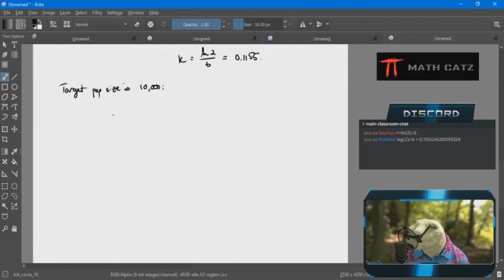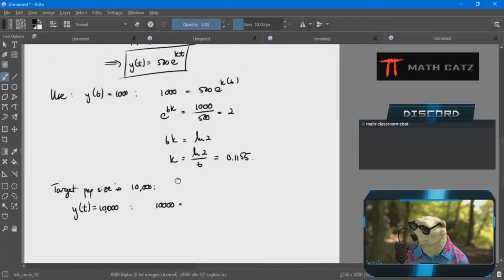Let's just peek at what k is at the same time. So that means y of some t value is 10,000. So 10,000 for y equals, what's my function? Over there, 500 e to the kt, and I know what k is whenever I need it.